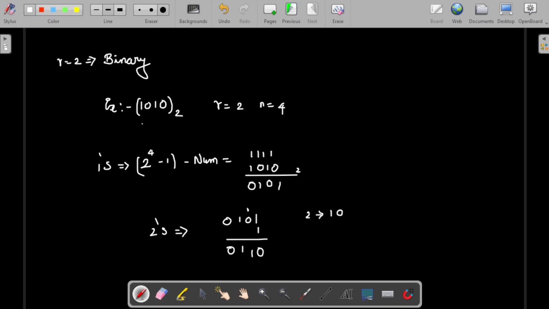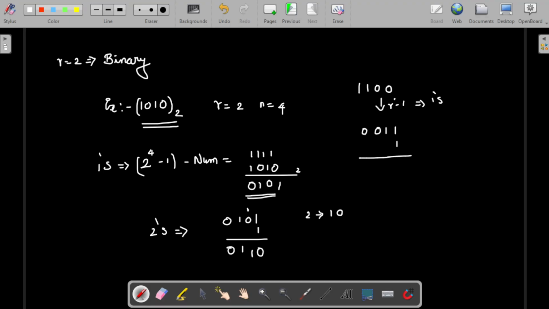Here you may have noticed a similarity: this is the given number and this is the 1's complement, and every bit in the given number is toggled. So in a binary system, to find R minus 1's complement, we can simply toggle all the bits. For example, take 1100. Its R minus 1's complement, which is nothing but the 1's complement, is 0011.